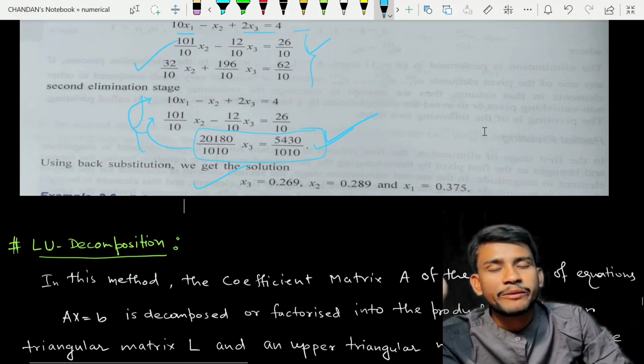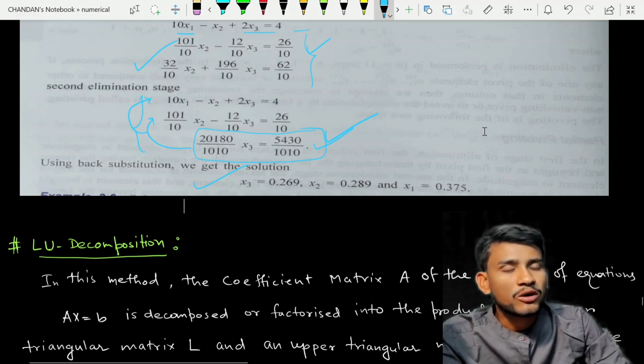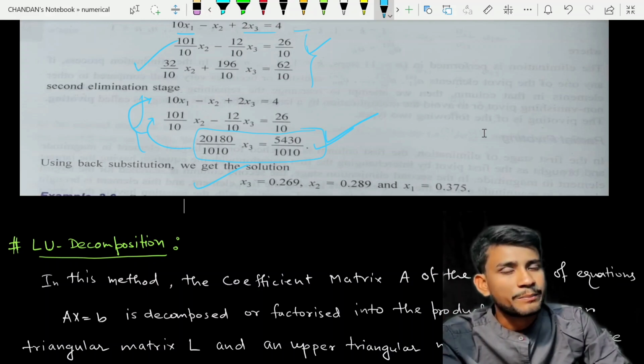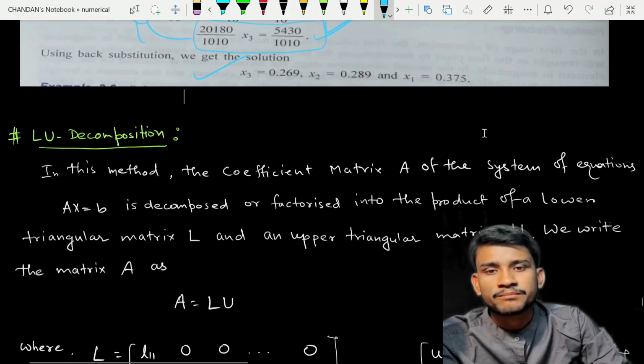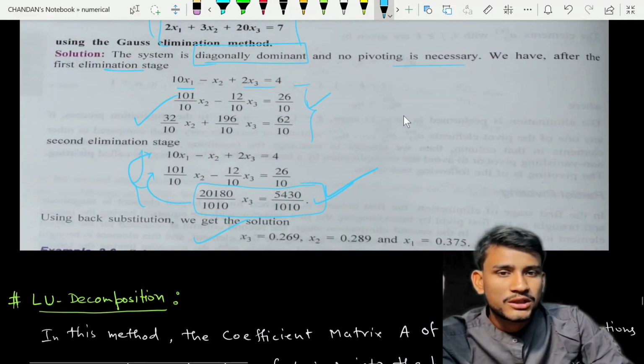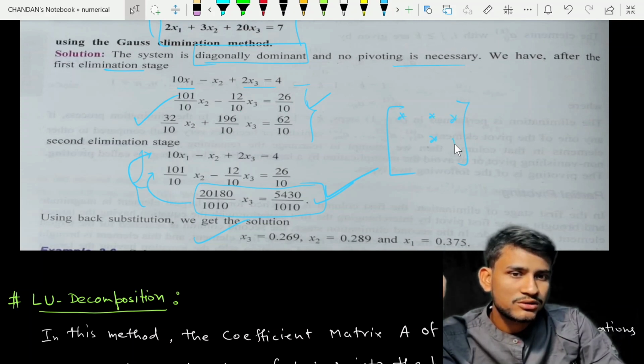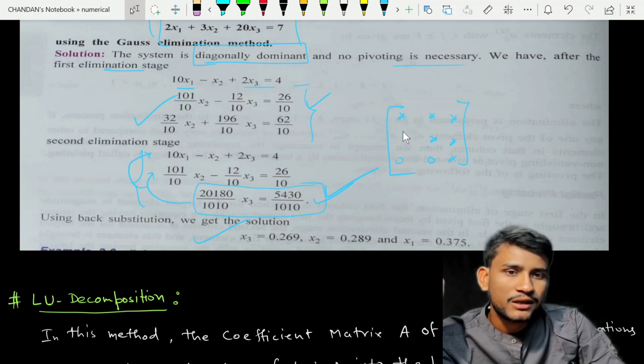Just remember one thing: we need to convert the coefficient matrix into an upper triangular matrix, and then solve the system by the back substitution method. Suppose this is a 3 by 3 system, where these entries are non-zero and all other elements are 0.